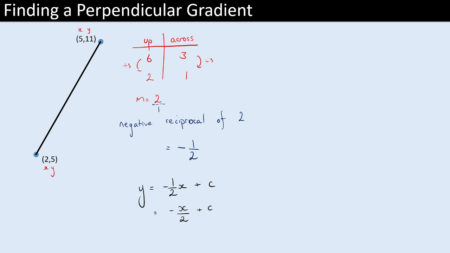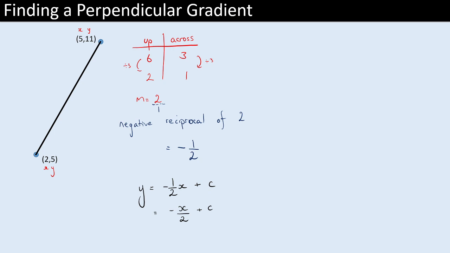So that would be us finding a perpendicular gradient, which is very nice. It does the business. And I will admit, the use cases of this within the GCSE remit are relatively small.